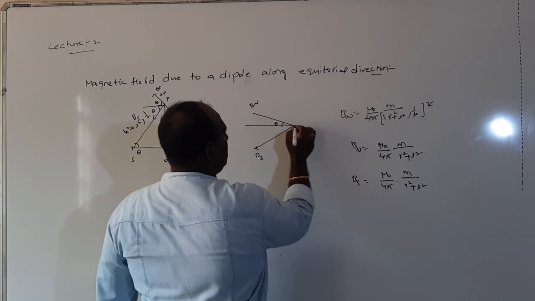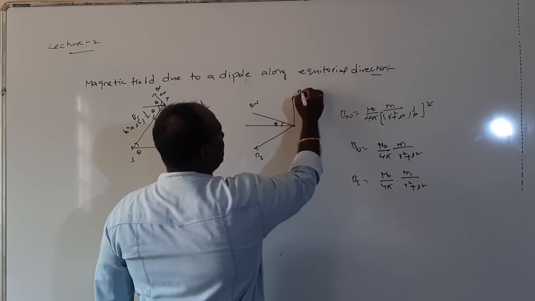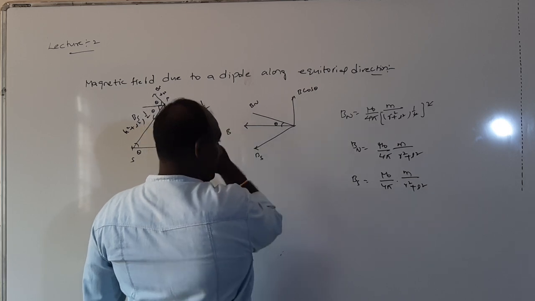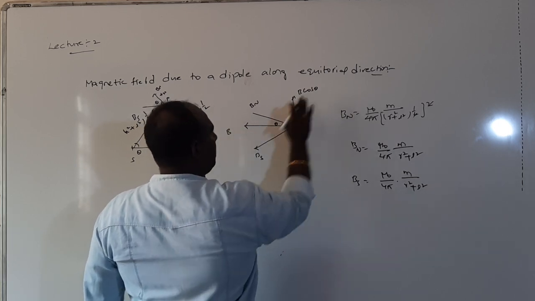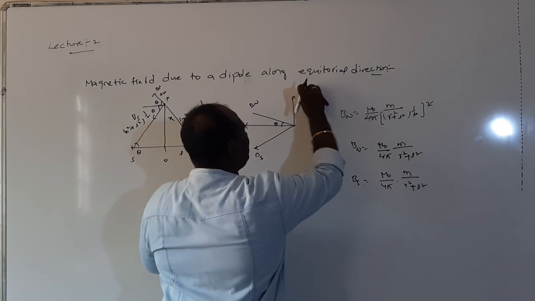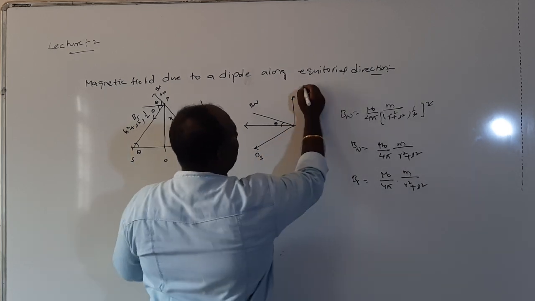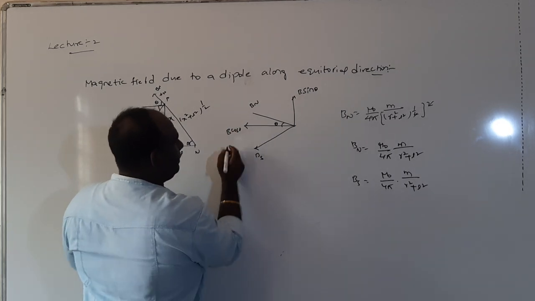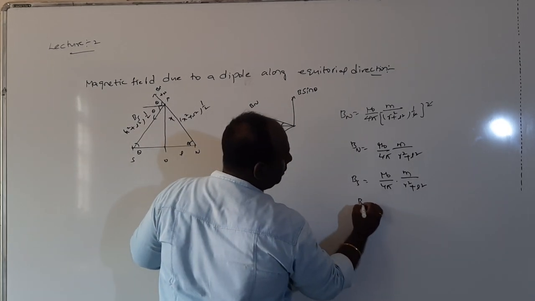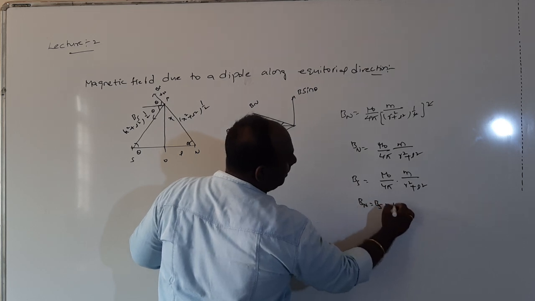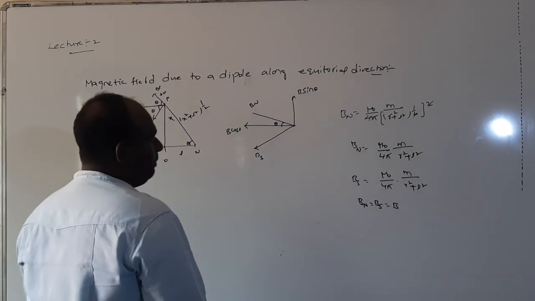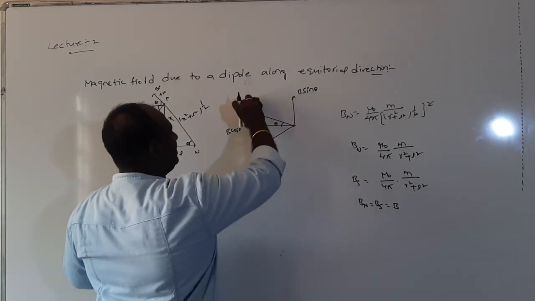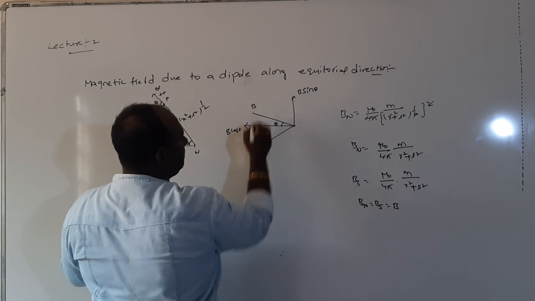So, this is theta. If I resolve Bn into two components, we get B cos theta and B sin theta. The magnetic field due to the north pole is equal to that due to the south pole, so I am going to write B only for Bn and Bs, to avoid confusion.